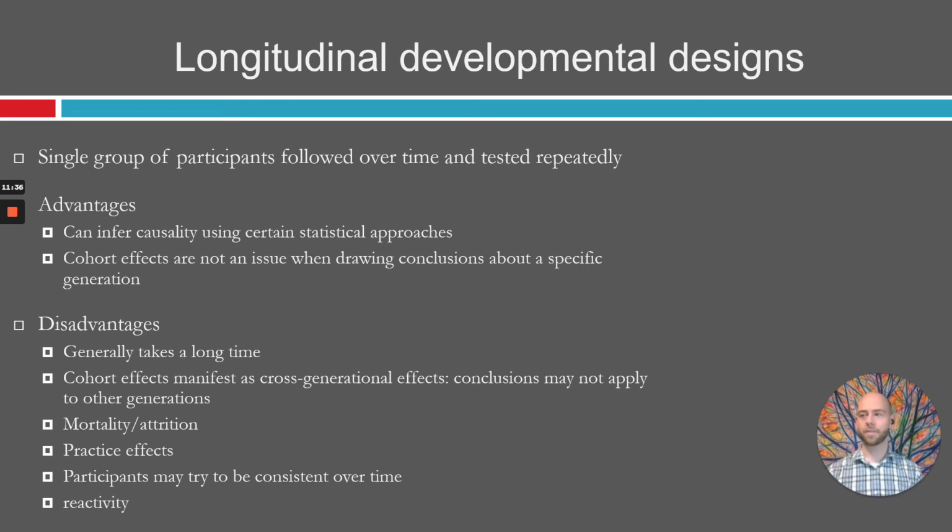Participants also might try to be consistent over time. I've mentioned that for some of you doing some repeated measures designs for your group projects. If you measure something and then have a treatment and measure it again, there could be, and there likely are, efforts to stay consistent. People want to seem reliable and consistent, and they might just give you the same answers from measurement 1 to measurement 2.